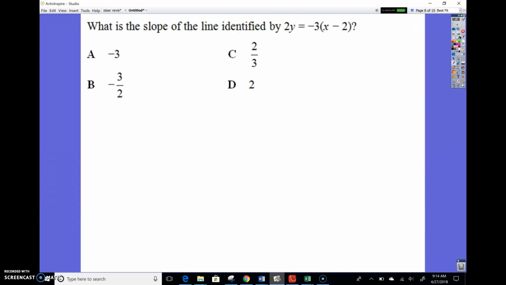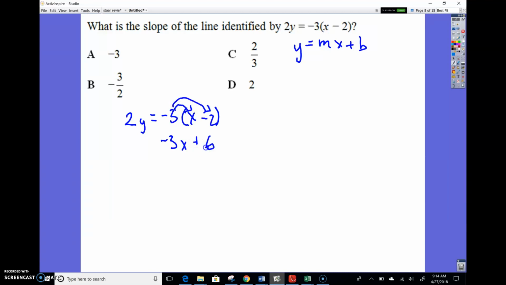This one right here, 2y is equal to negative 3 times x minus 2. Most of the time I would tell you to put it in y equals mx plus b, but this time we have relations, so I'm going to teach you how to do it with relations and all of it. First thing I do, get rid of the parentheses: negative 3x plus 6.